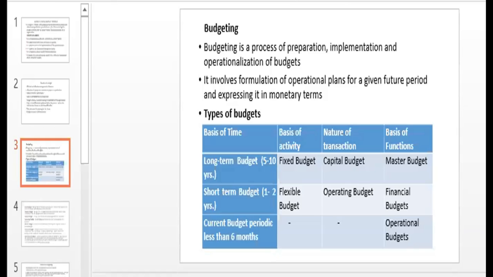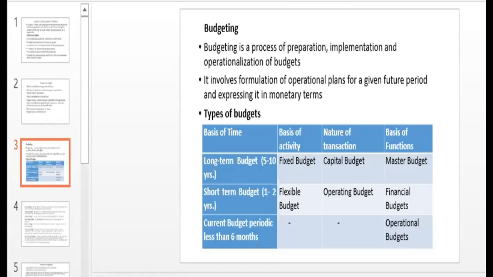And then we have the operational budgets. You see, there's a difference between operating budgets and operational budgets. Operational budgets are current budgets which are running for 3 to 6 months. So you'll find operational budgets emerging out of these others, and they are normally running for a period of 6 months or a quarter.